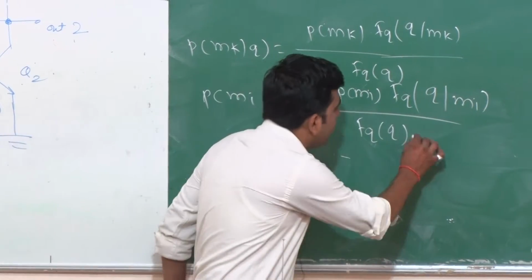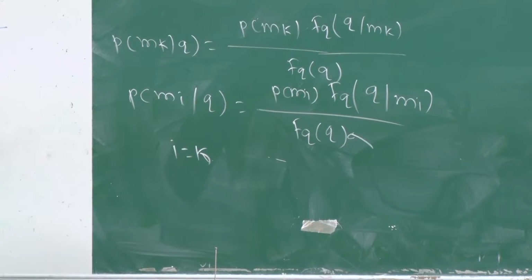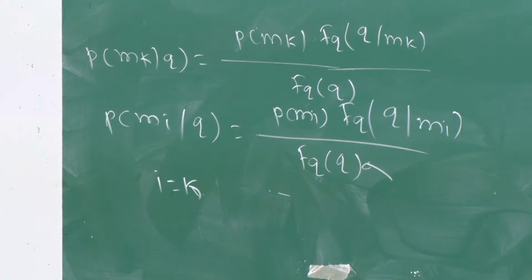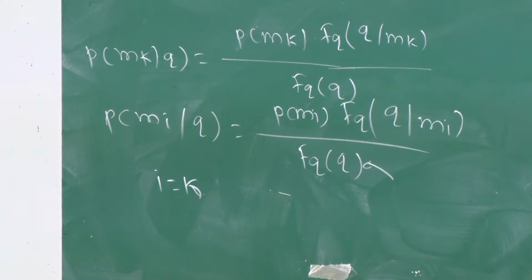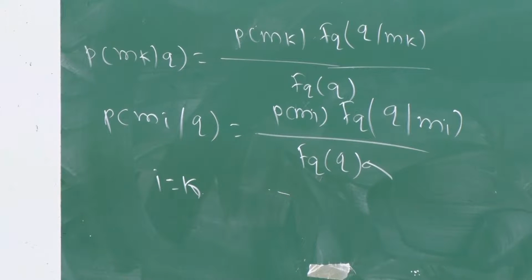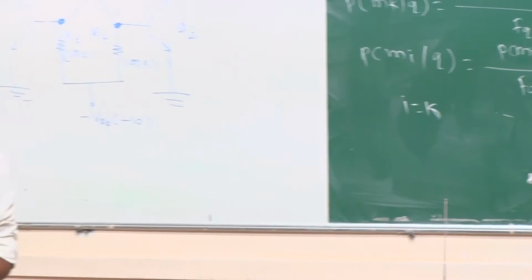Here, this probability density function for q is common for all M, so we have to neglect this one. Write down, this is common to all decision functions, therefore we ignore that quantity.